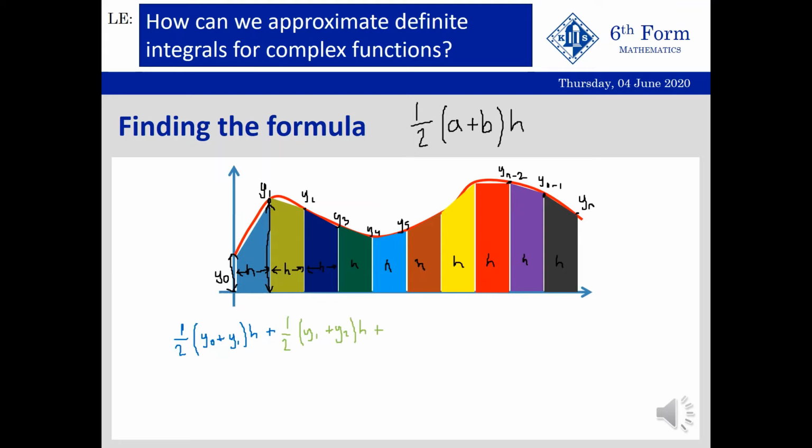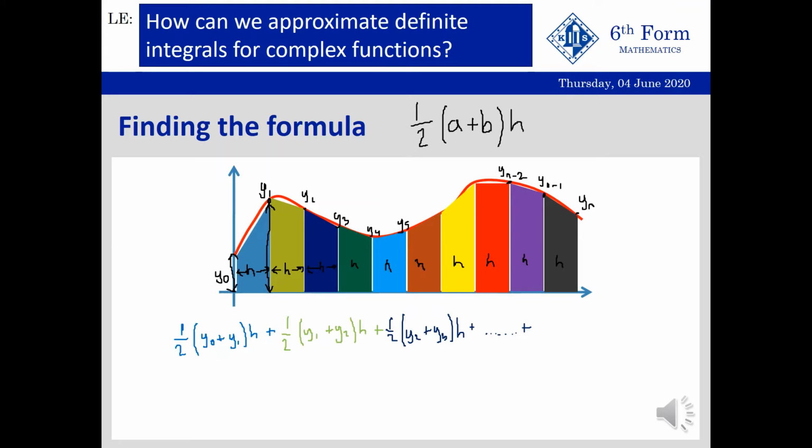For the dark blue, you may be starting to see where this is going. We would have a half y2 plus y3, and then again times by h. And I'm going to skip the middle ones out because they're all going to do something very similar. Let's jump on to the purple one.